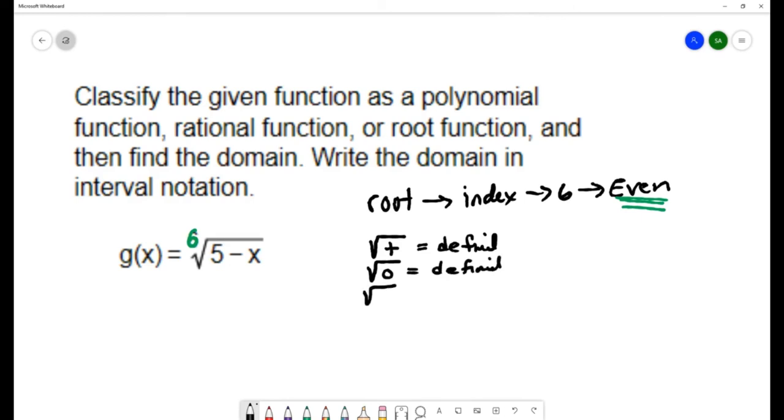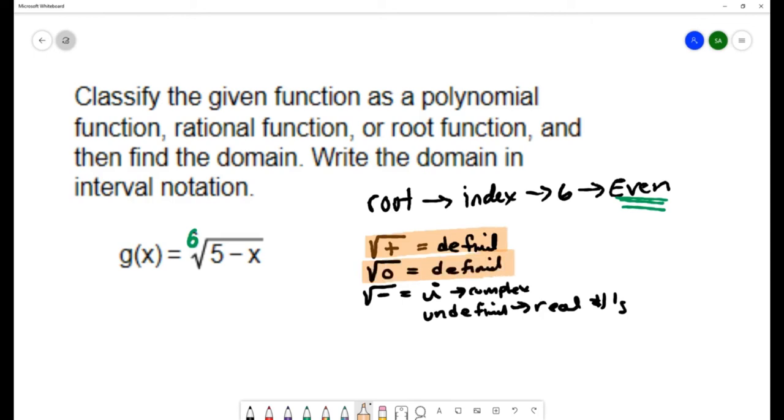However, the square root of a negative gives us an imaginary unit of i, and that is a complex number, and it is undefined in terms of real numbers. So we're only looking for real numbers, so we want to focus on these two cases. We only want what's underneath the radical to be positive or 0.